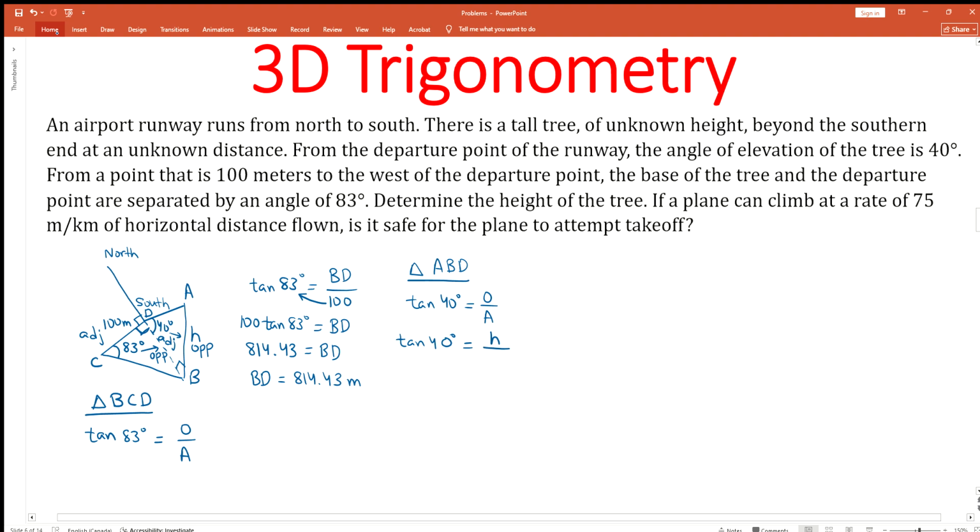The length of the adjacent side is 814.43. We can isolate h on the right side by cross multiplying 814.43 to the left side.